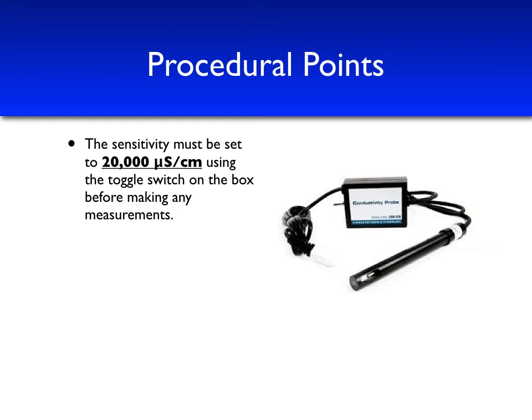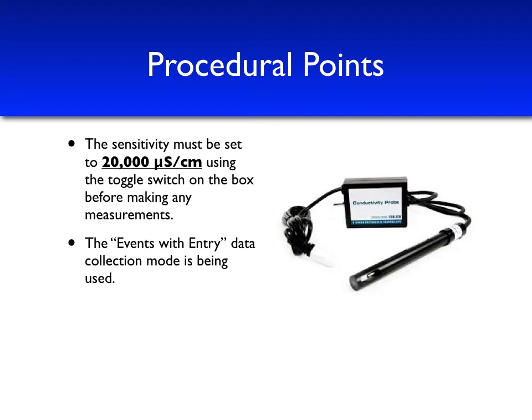It's important that we make sure that the setting is on the 20,000 microsiemens per centimeter setting so that we are able to get nice numbers to compare all of our measurements. Using a lower sensitivity will cause saturation in the conductivity measurements, which will basically make all of them look the same, which we don't want because we want to make some comparisons.